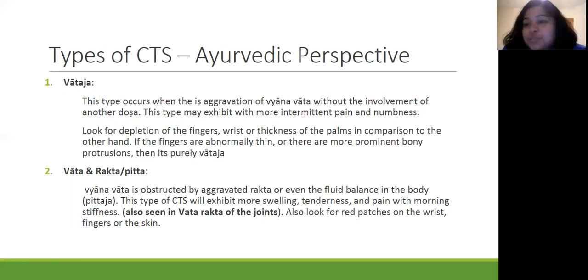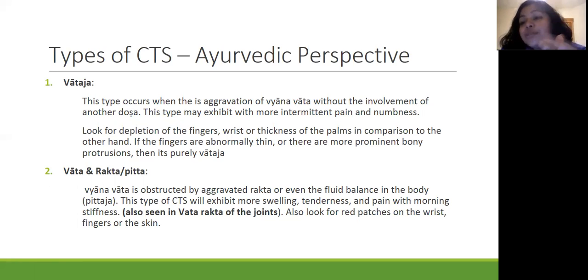And in these two types, it's again describing the same thing as we saw in the causative factors for aggravated Vyanavata and the presentation. So for instance, there are two types that we may find. One is a purely Vataja type, where you find that it tends to occur more due to an aggravation of Vyanavata.